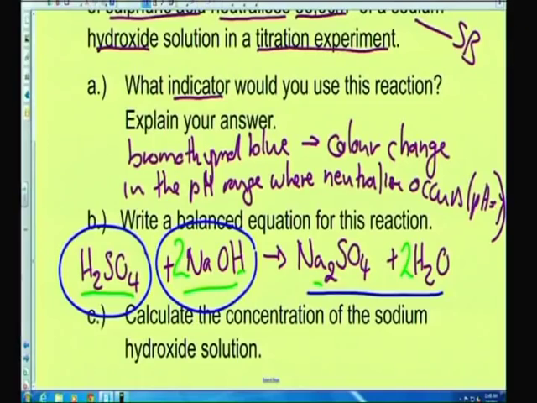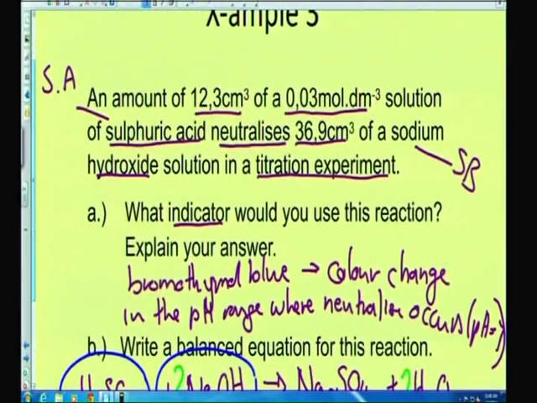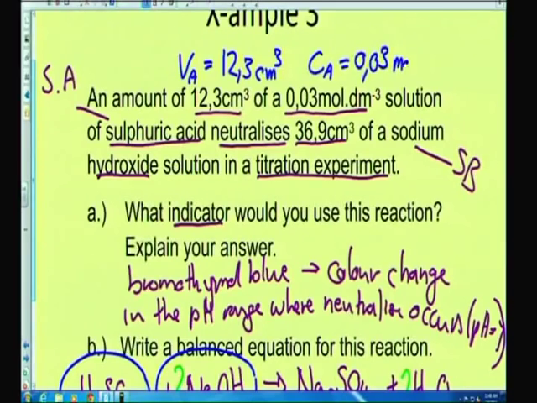So what information are we given? We're told, and it's important to pull this information from here, we've got a volume of acid. The volume of acid is 12,3 centimeters cubed. And the concentration of acid is equal to 0,03 mole per decimeter cubed.